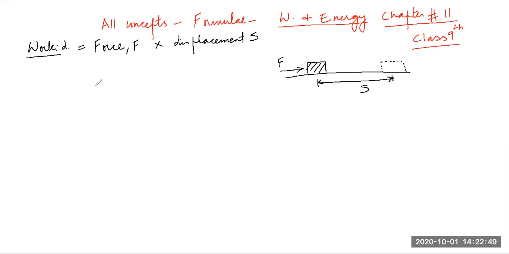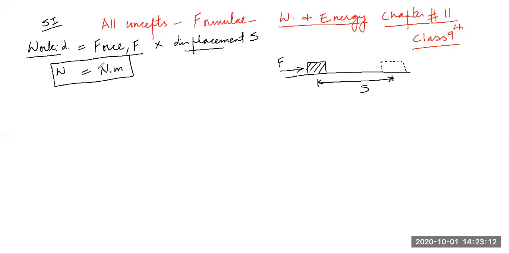S. We can also say work done W is equal to, what is the unit of force in SI system? Means international system, Newton, into what is the unit of displacement? Meter. So I get the first formula, W work done is equal to Newton into meter.